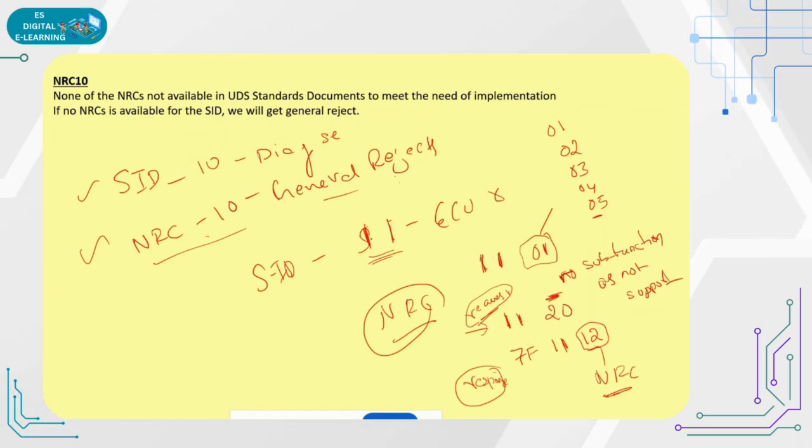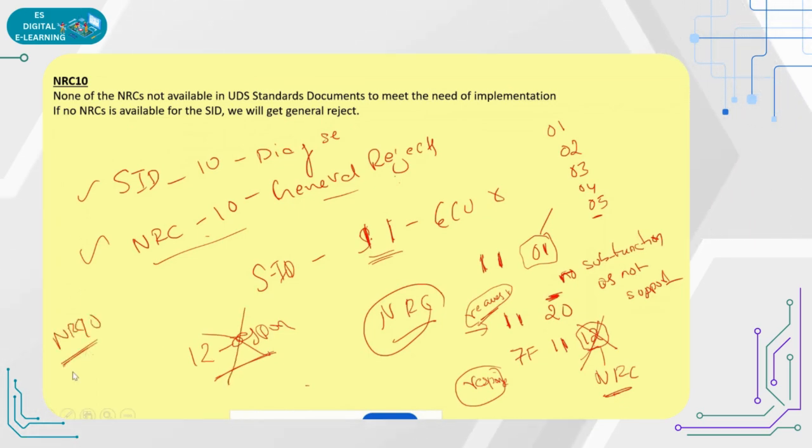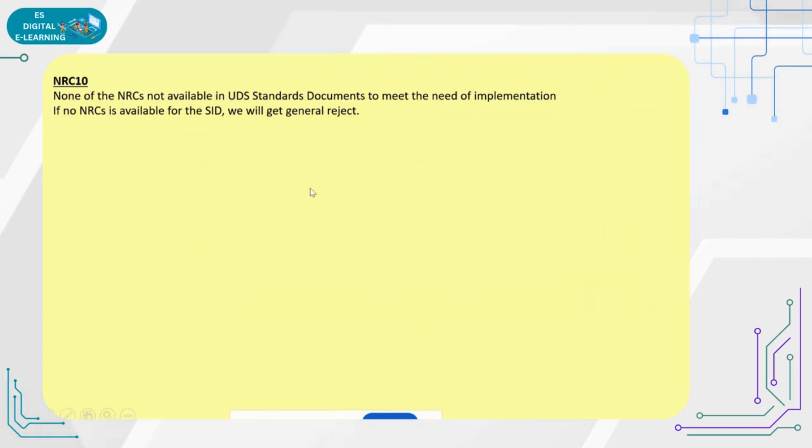If the response is not implemented in the software, then you will get NRC 10. Clear, right? When it is not implemented, we cannot test it. Whatever implementation they do in the software, if the service ID is not implemented, then we'll get NRC 10.